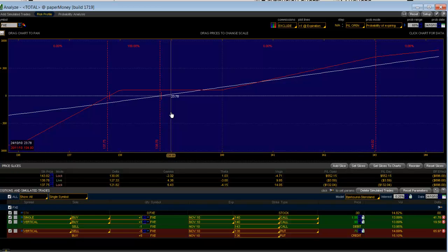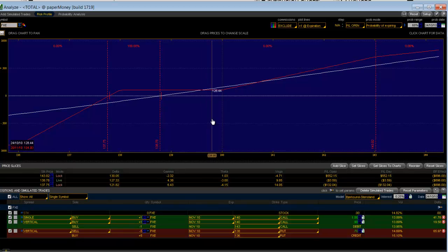So we have this sort of risk reward of 130 versus 550, so that's almost 400% return. However, the max risk on the max return is about 1-to-1. You can see the orders down here.